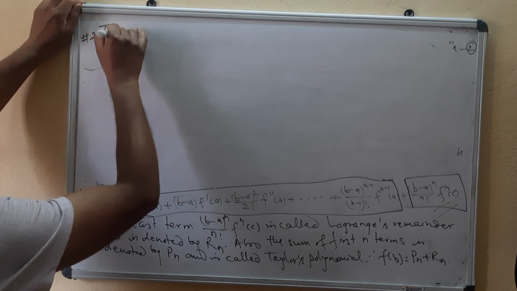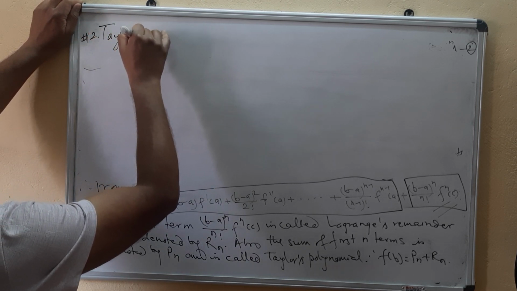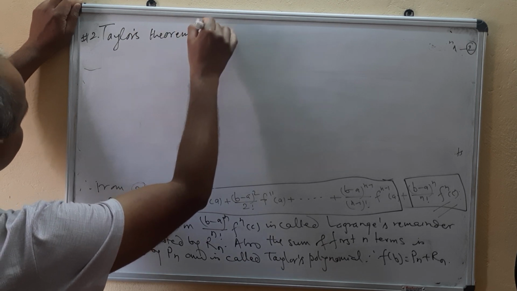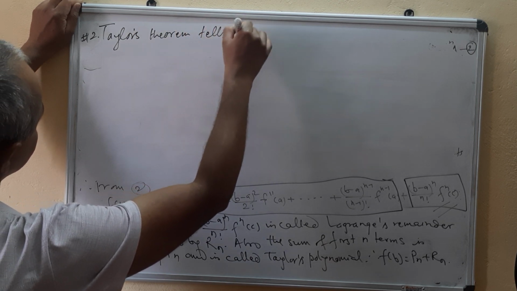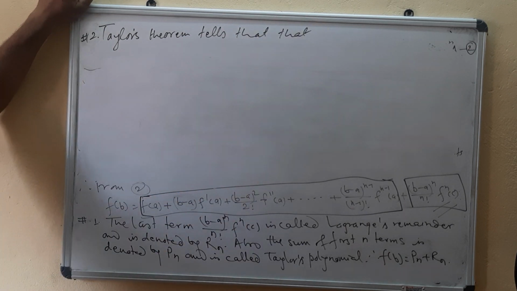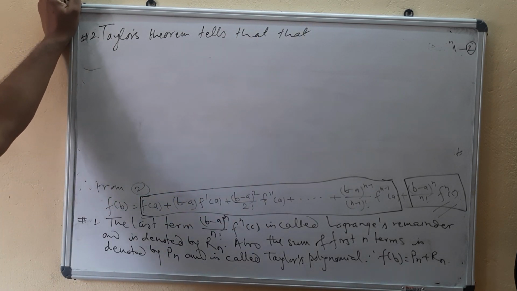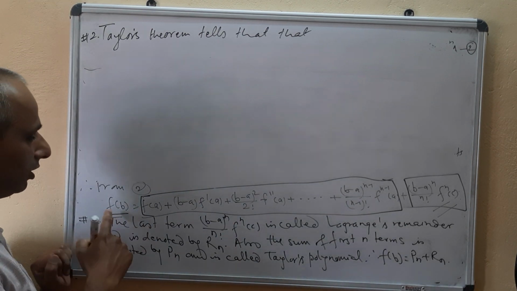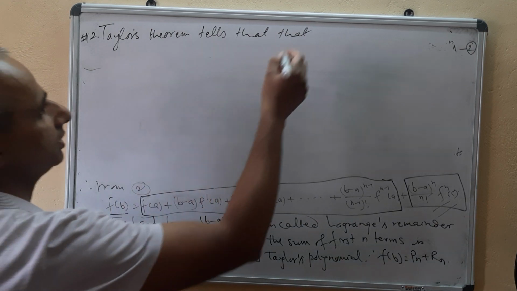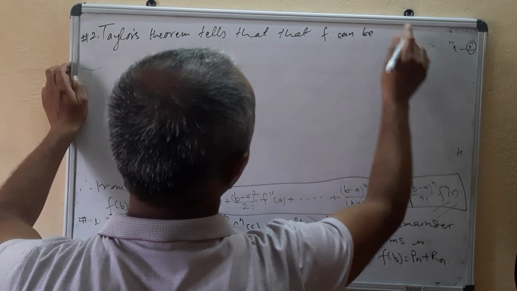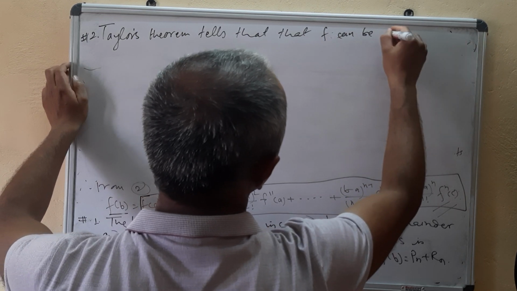Taylor's theorem tells that f can be approximated. That means f of b is the value of f(x) at b. How can it be approximated?